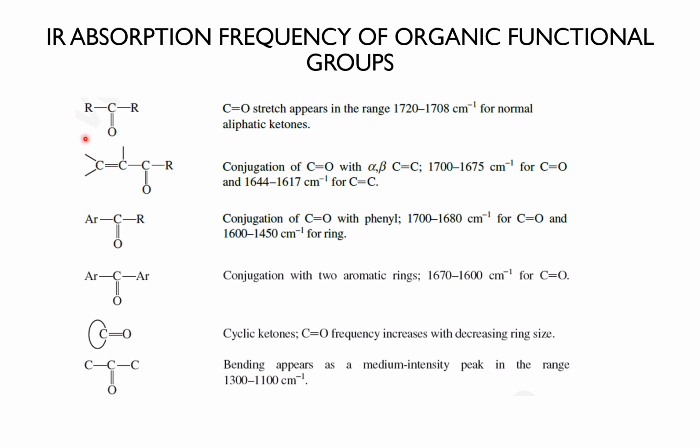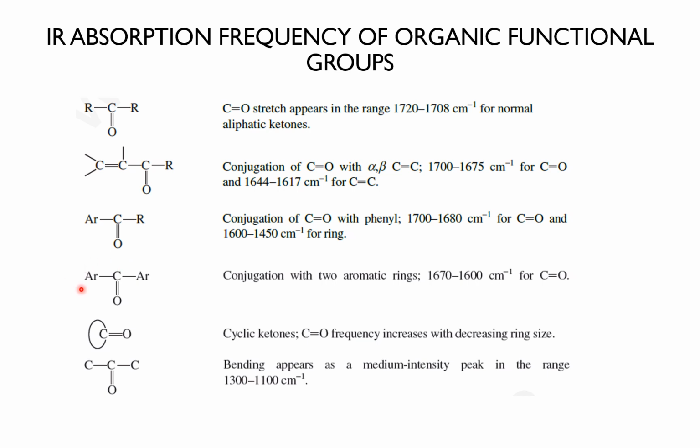So as I said, for ketones, the carbonyl stretching frequency appears in the range of 1720 to 1708 centimeter inverse if it is aliphatic ketone. When we introduce some conjugation like alpha beta unsaturated ketone, the value declines to 1700 to 1675 centimeter inverse. And if we have an aromatic ketone, that means we have some benzene ring in the molecule, then the value decreases to 1700 to 1680 centimeter inverse.